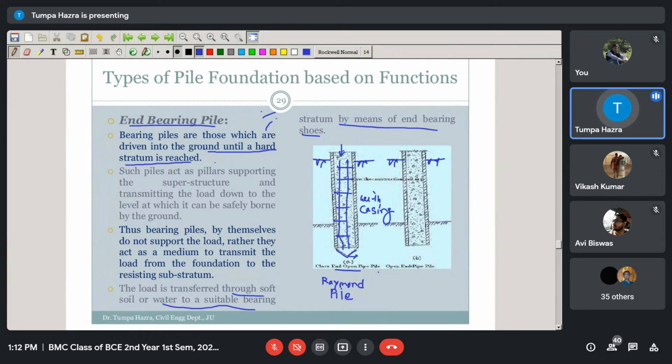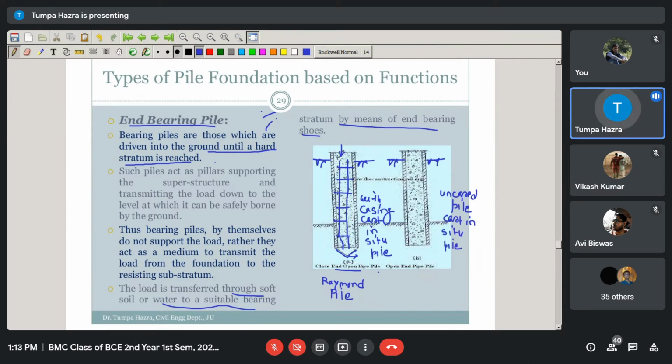Now there is another type of pile which is uncased pile. This is with casing cast in situ, and this is uncased cast in situ pile.